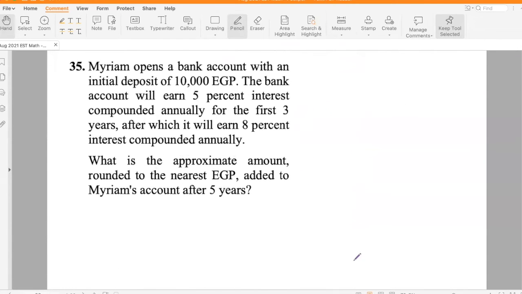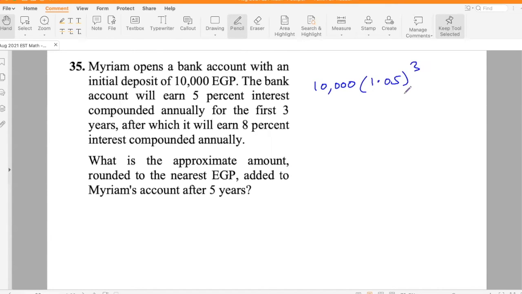Miriam opens a bank account with an initial deposit of 10,000 Egyptian pound. The bank account will earn 5% interest compounded annually for the first 3 years, after which it will earn 8% interest. What is the amount added to Miriam's account after 5 years? Okay. So for the first 3 years, it would be 10,000 times 1.05 to the power 3, right?